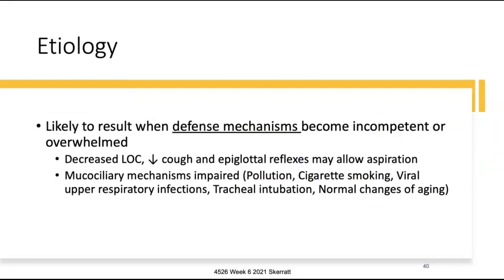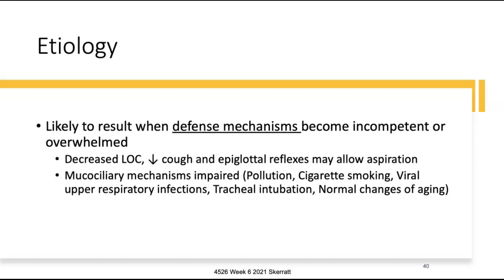So what are the causes? Now we know that it's caused by some type of microbe, but it's likely to result when our defense mechanisms become incompetent or are overwhelmed. This can result from a decreased level of consciousness, or individuals with decreased cough or epiglottal reflexes may allow aspiration.